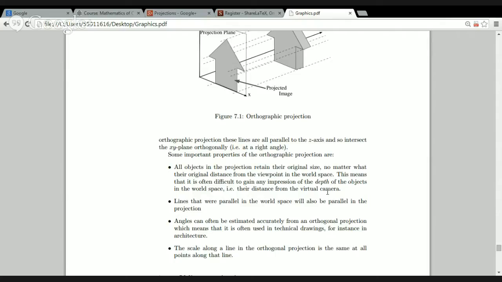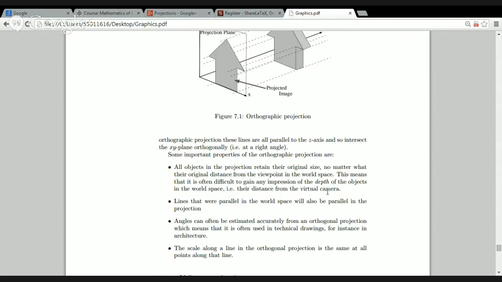And for that reason, you can also think about that as the projection isn't changing angles. So the angles that you see on the projected space are a faithful representation of the angles that exist in the actual 3D environment.